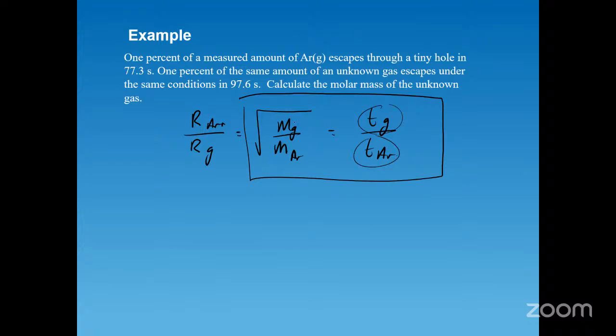So all we have to do is rearrange the equation to solve for the molar mass of the gas. And as we all know from your algebra classes, if you want to get rid of the square root sign, what do you do? You square both sides, right? So when you do that, you're going to end up with MG over MAr, and that's equal to TG over TAr squared, right?